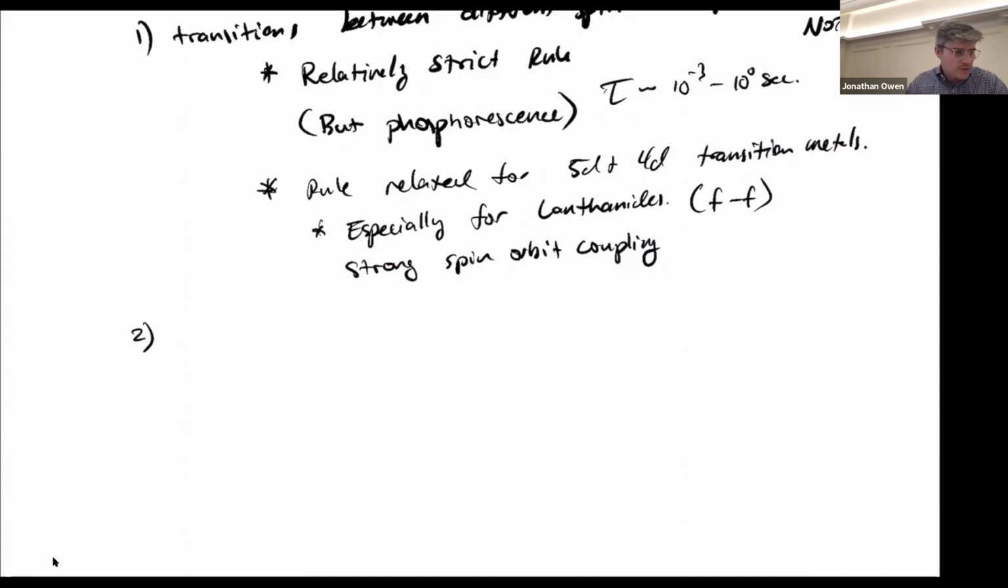All right, so rule number 2 is called the Laporte selection rule. And allowed transitions are G to U or U to G. What is G and U? Gerade and Ungerade.